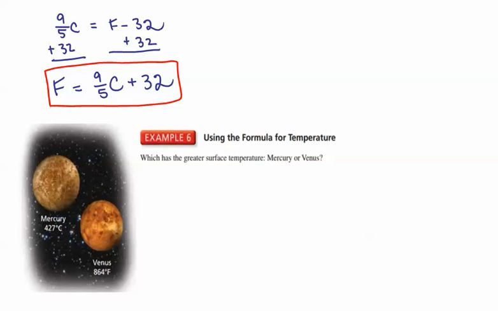So let's see what we get. Here's an example of how we would use this. Well, we know that Fahrenheit is equal to 9/5 times the Celsius temperature. And so we would put a 427 in here, and then we're going to add 32 to it. So if I were to take 9/5 of 427, what I might do first is divide 427 by 5 and multiply that by 9.